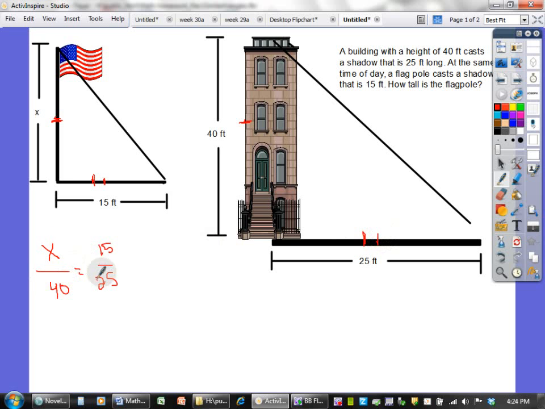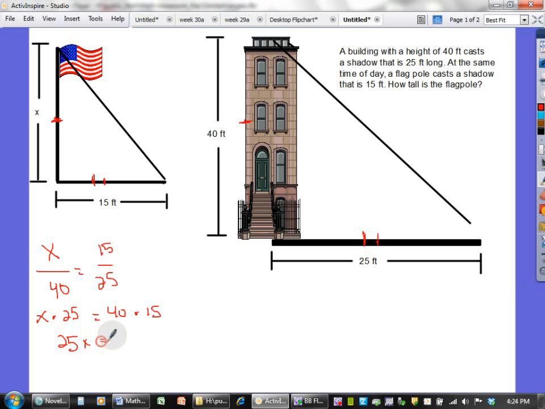Now, once I get it to this point, all we have to do is cross multiply and solve for x. In order to solve this, we would say x times 25 equals 40 times 15. And then we would say 25 times x, which is 25x, equals 40 times 15, which is 600.